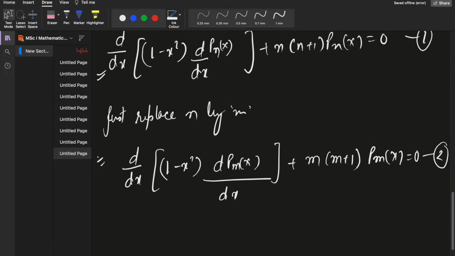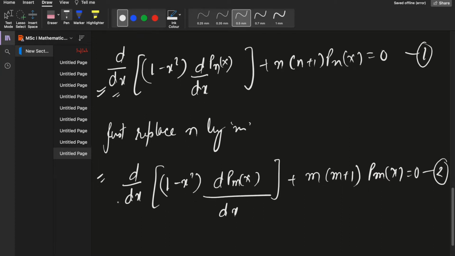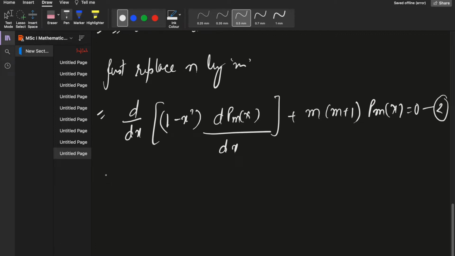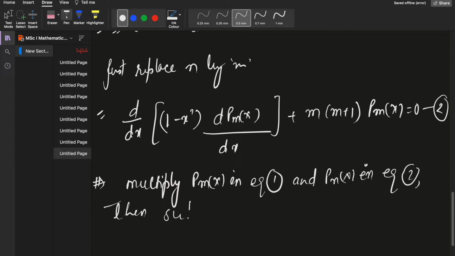Now multiply Pm(x) in equation 1 and Pn(x) in equation 2, then subtract equation 1 and equation 2.